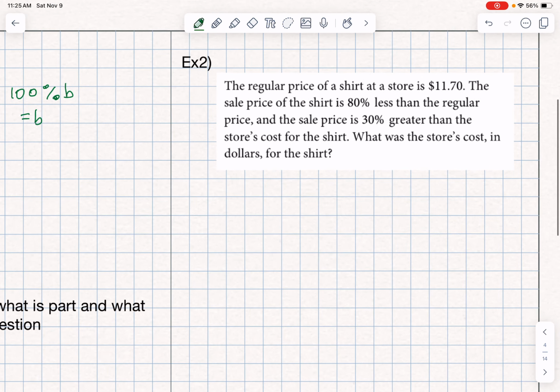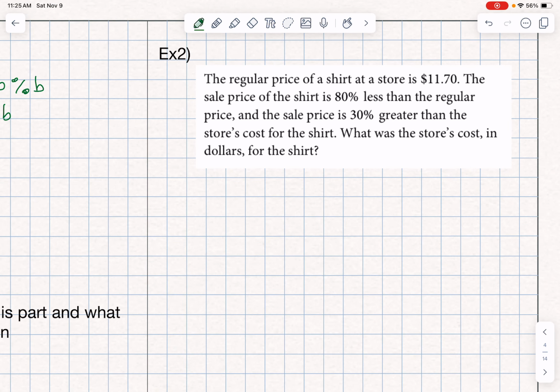another example problem here. The regular price of a shirt at a store is $11.70, and the sale price of the shirt is 80% less than the regular price, and the sale price is 30% greater than the store cost.